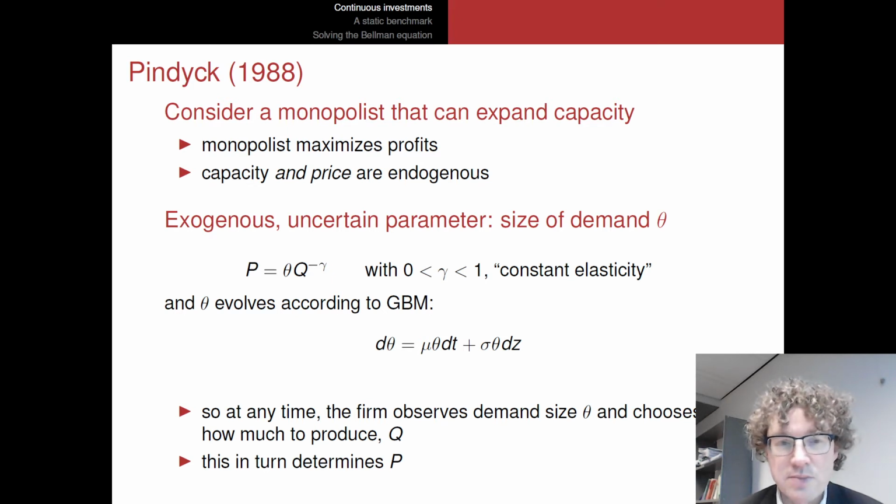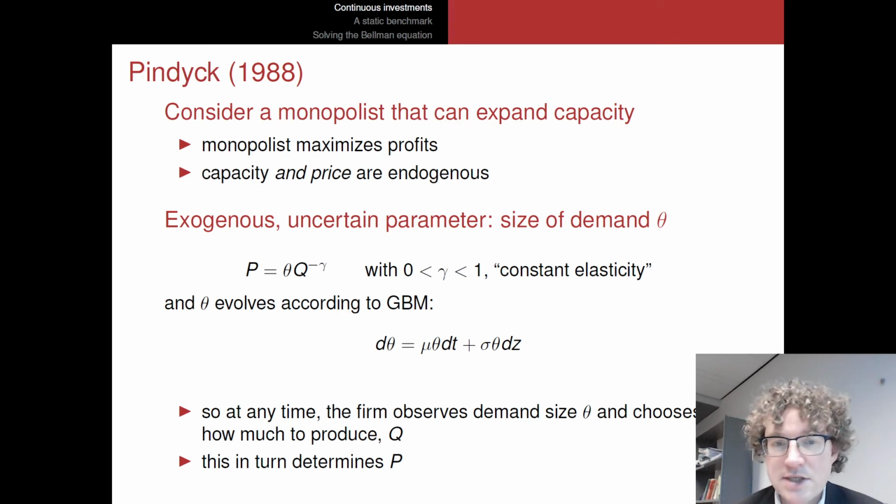So P, of course, is the price that's going to prevail in the market at some point in time. Q is, of course, going to be the quantity that this monopoly is going to produce in this market, and as price or demand equations go, this is going to be a downward sloping thing. So the larger Q is, the lower price gets. So this gamma parameter here is a number that's going to be positive, and actually I'm going to choose gamma here between 0 and 1.